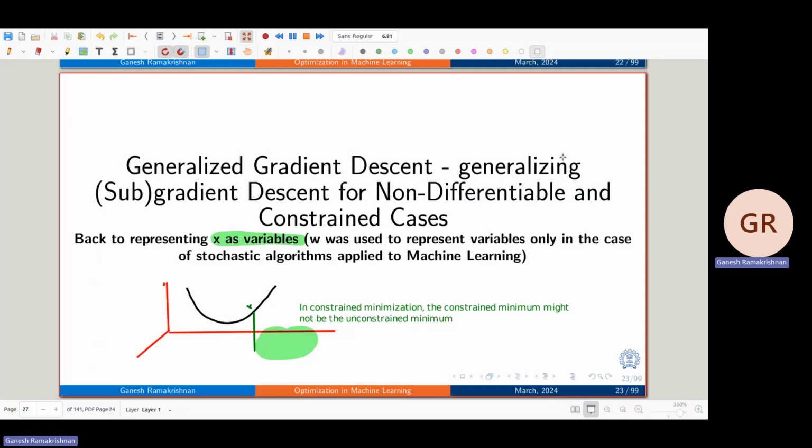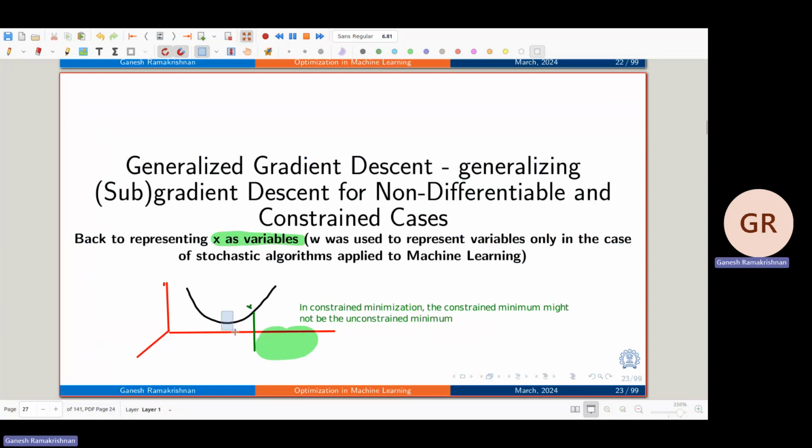If you recall, in constrained minimization, when you have, let's say, a positivity constraint, you might not get the optimal solution simply by removing the constraint, because if you remove the constraint, the solution might lie outside your feasible set. So in this case, for example, I might say this is my constraint set, let's say this green part. If I optimize this function in this green space, obviously this might be my solution.